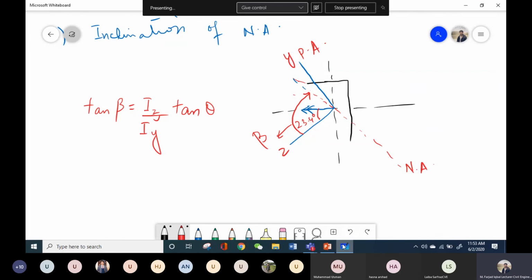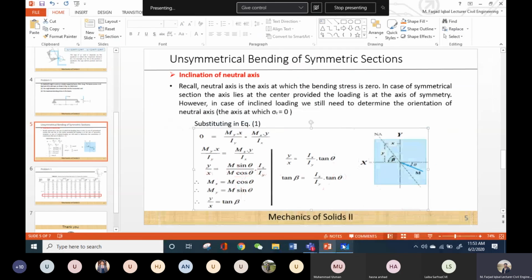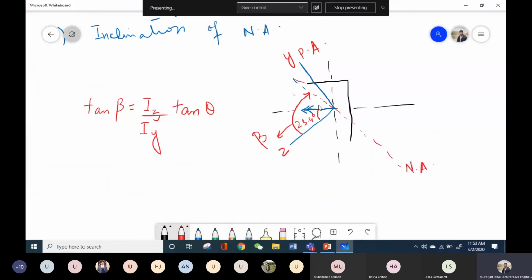So this angle theta is basically the angle from the horizontal principal axis towards the resultant moment. In this figure this is my resultant moment, and this z axis is my principal axis, and this is the angle theta from this principal axis to the resultant moment.